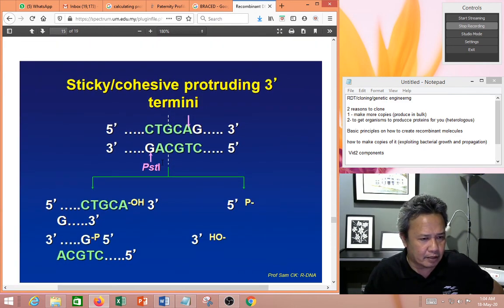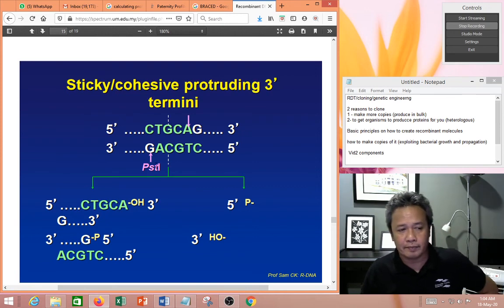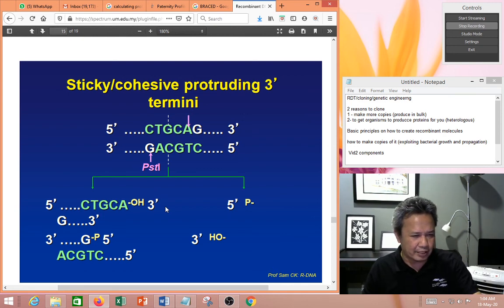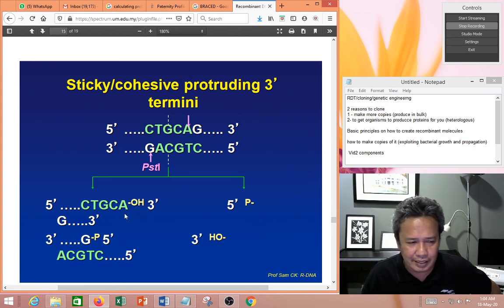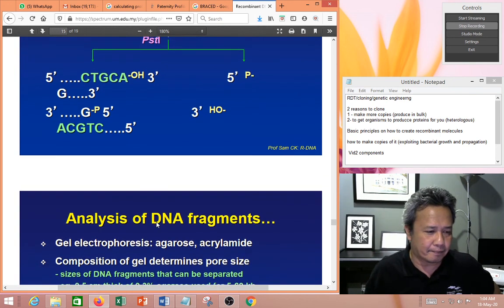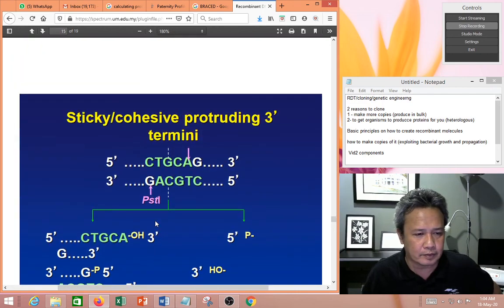And an example, Pst1, it cuts at G, and then it gives you, this drawing is a bit off, but basically what it says here is that it has a 3' overhang, or 3' protruding termini. Okay?